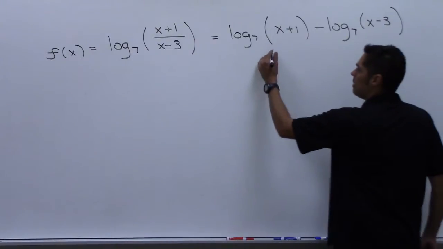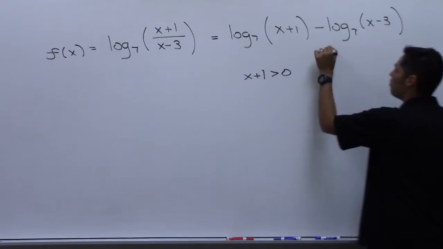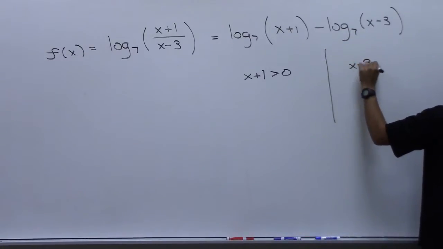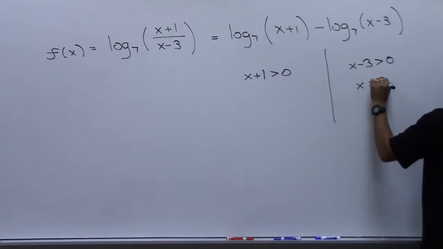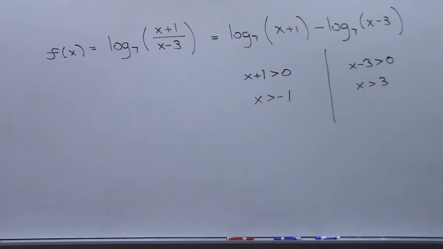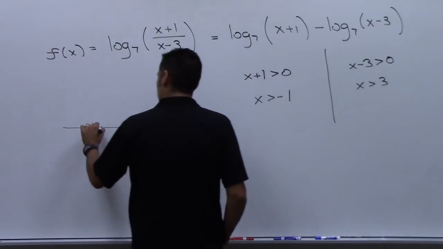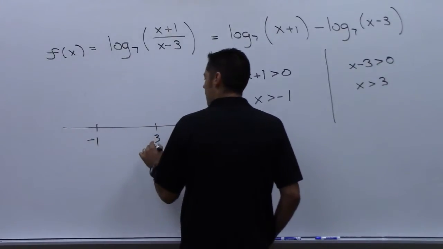So let's talk about the domain of this one. x plus 1 must be greater than 0. This one over here, x minus 3 must be greater than 0. So here x must be greater than 3, and here x must be greater than -1. -1's here, 3's here.